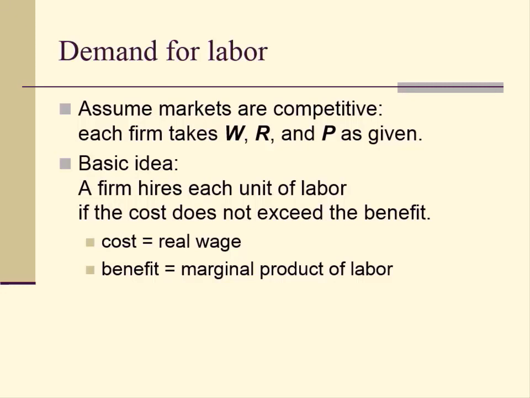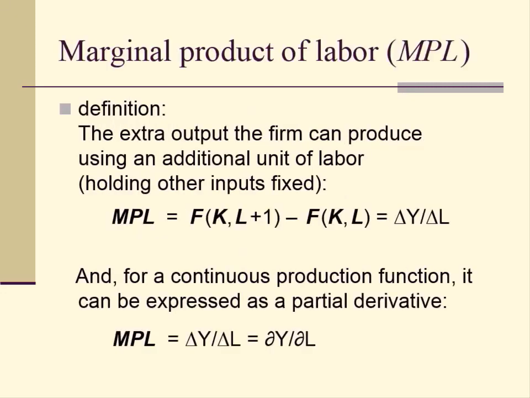Here the marginal cost would be real wage, and the marginal benefit would be marginal product of labor for each unit of labor. The marginal product of labor, MPL, is defined as the extra output the firm can produce using an additional unit of labor, holding other inputs fixed. Therefore, MPL equals change in Y over change in L. And for a continuous production function, it can be expressed as a partial derivative, dY dL.